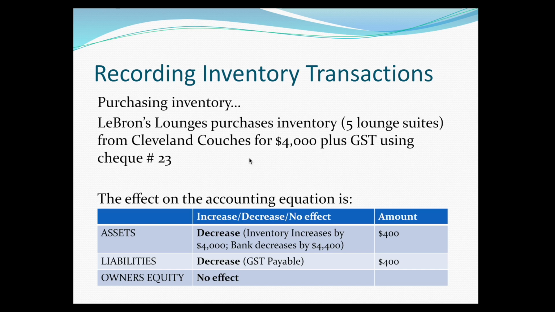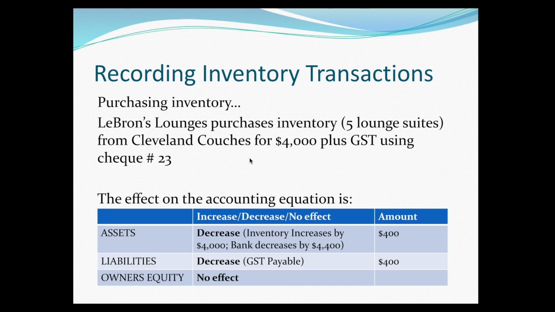Well, they're spending their own money. They're spending their business money to buy couches. So that means it's a decrease in the bank. Like I said, when you're using cash, it's a decrease in the bank by 4,000, and the inventory increases by 4,000, right?